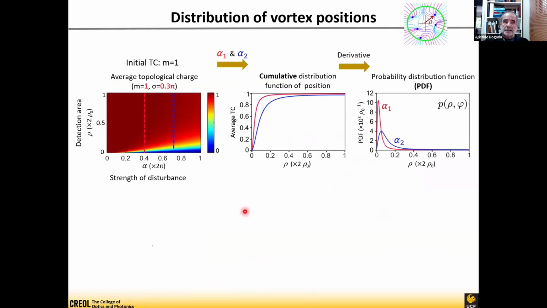Now, we can evaluate how the main vortex evolves, right? So if you have a topological beam with charge 1, the evolution of the vortices originating on axis follows a diffusion-like process. However, it is not a real diffusion because of the influence of the vortices that lie outside the first zeros of intensity, the first ring.